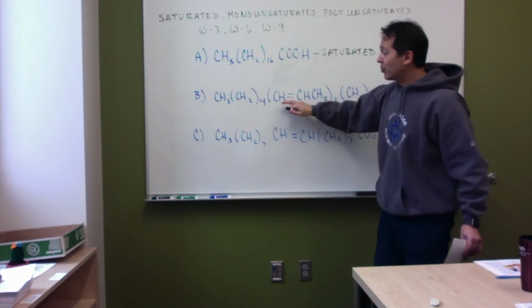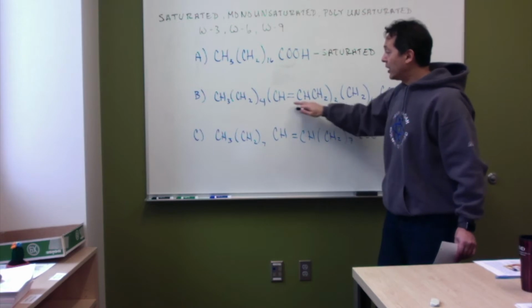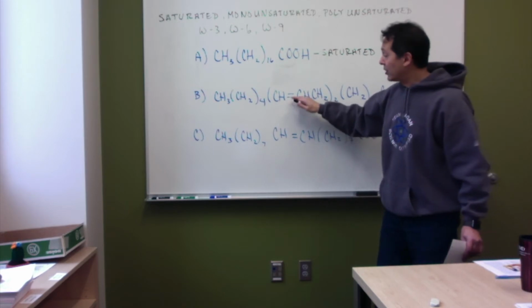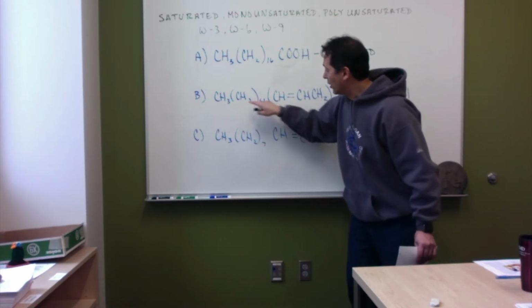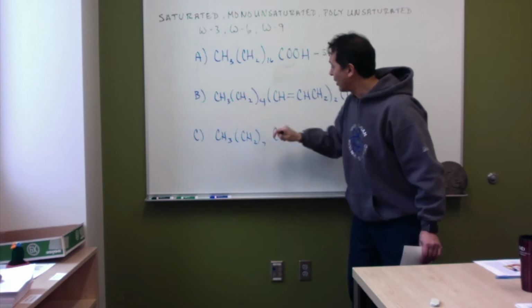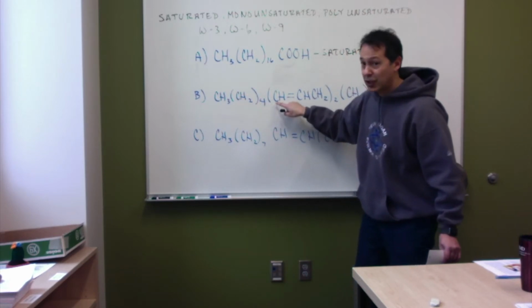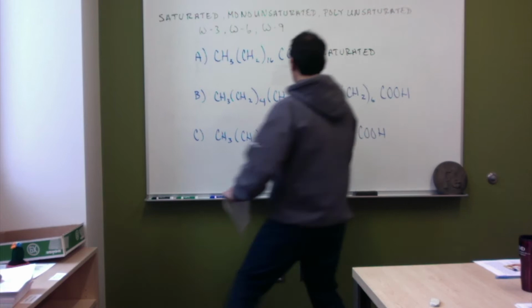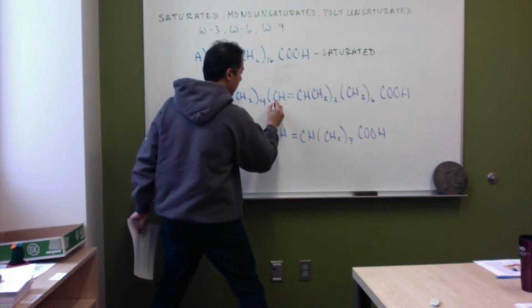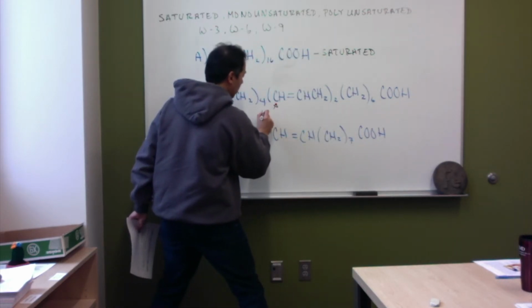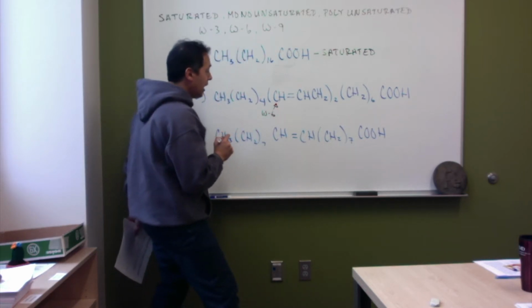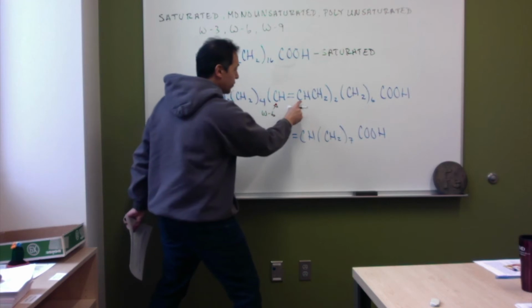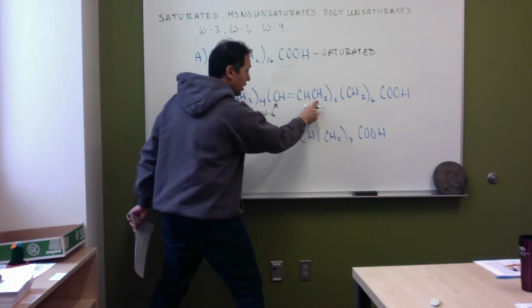So for example, in this molecule here, we can see that there are double bonds. And this double bond here happens to be, let's see here, 1 plus 4, so that's 5 carbons. And this here becomes the 6th carbon. So I'm just going to put here that this is our omega 6, because it's our 6th carbon. And then if we continue on, 7, 8 carbons.